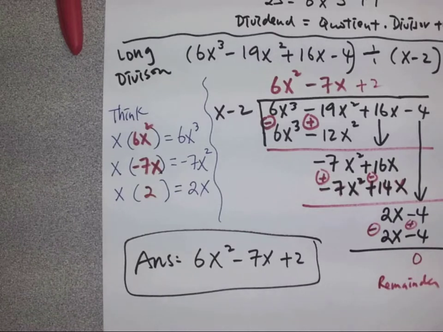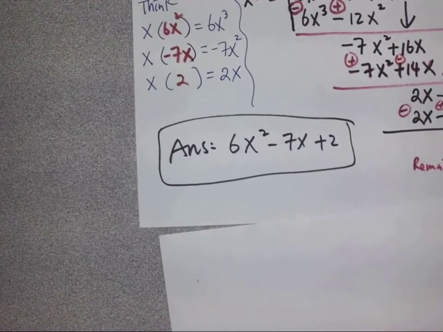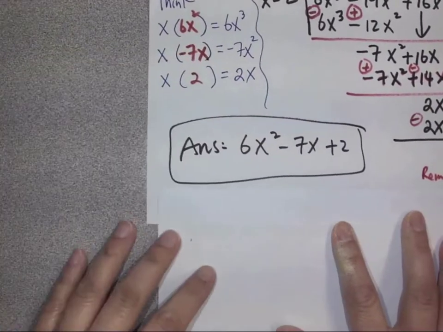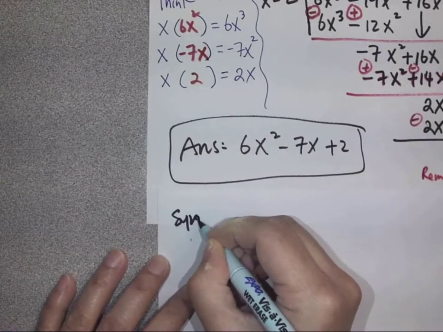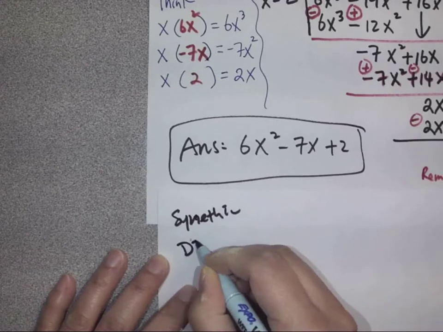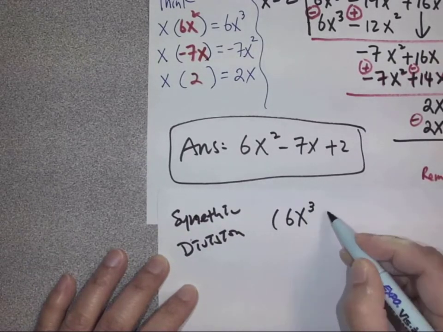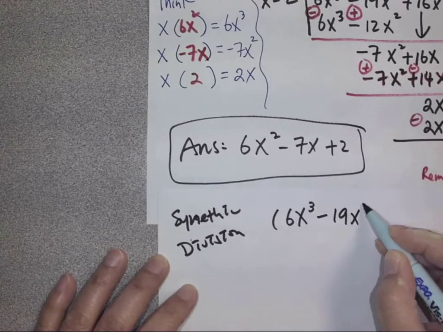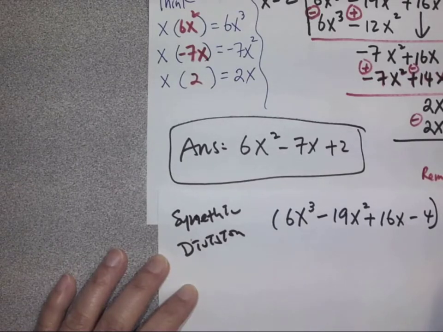So we're going to use the same question and do a synthetic division as a review. Okay, so same thing. 6x cubed minus 19x squared plus 16x minus 4 divided by x minus 2, right?